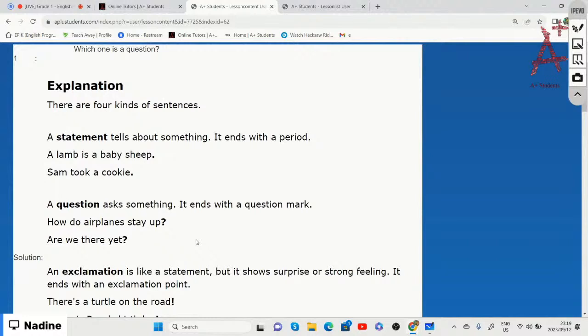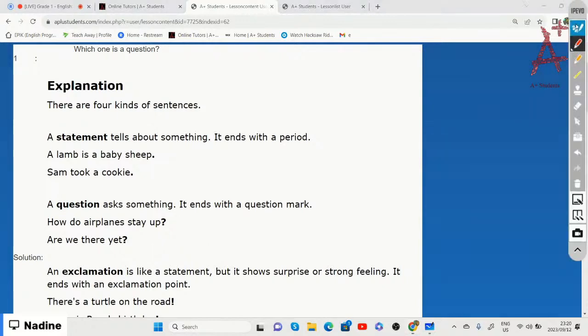When you're asking something, you either expect that thing back or you're expecting a response back. And a question mark looks like this.